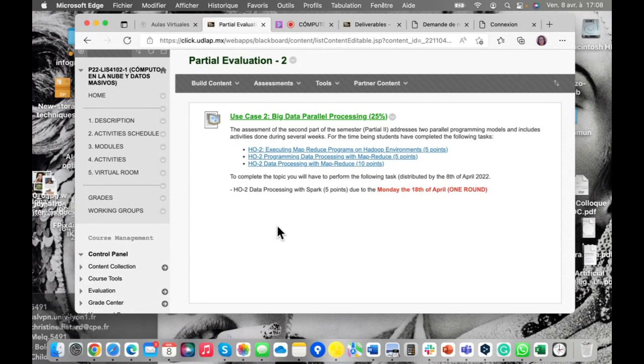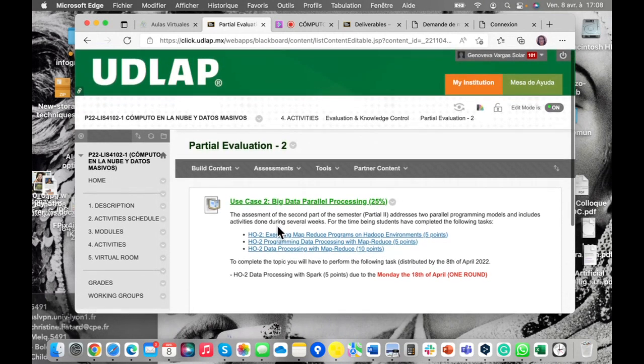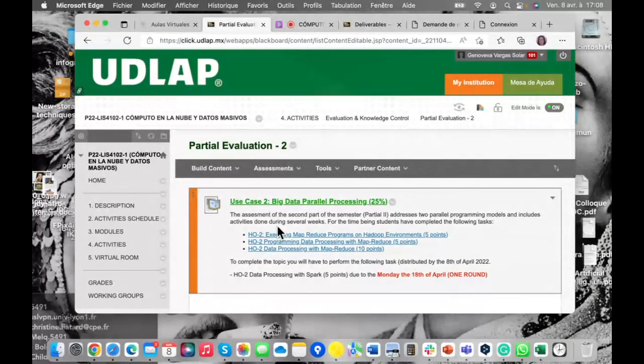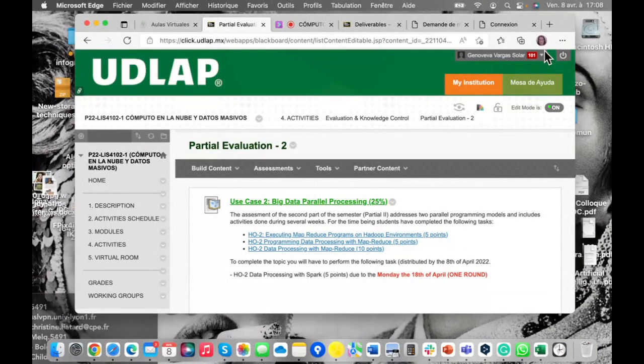And then eventually we will have partial evaluation 3, which will be very simple because it will be configuring containers, etc. So that you will not get overwhelmed with the last part of the whole semester that you have to address, not only for this course but for the other courses.